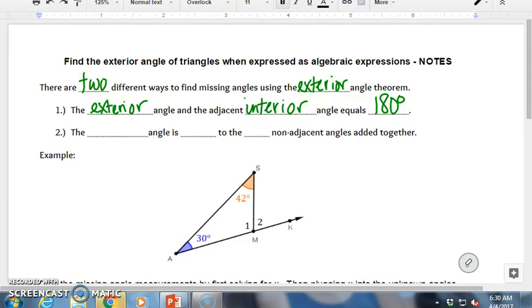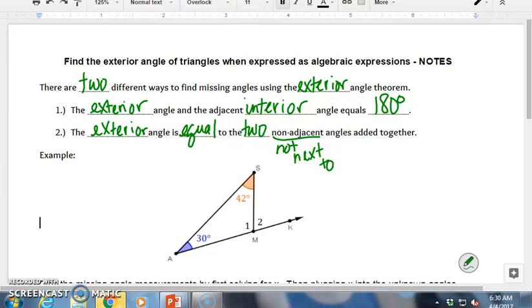But the other way, and you might have picked up on it as you worked through the problems yesterday, is that the exterior angle is equal to the two non-adjacent, so this means not next to, angles added together.